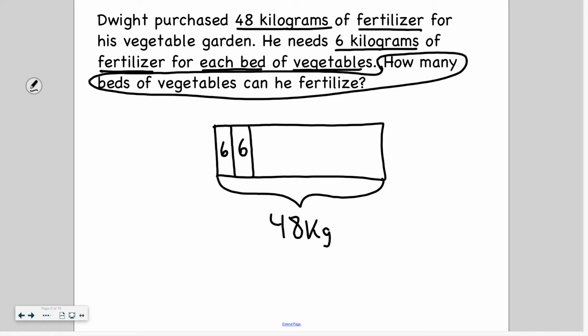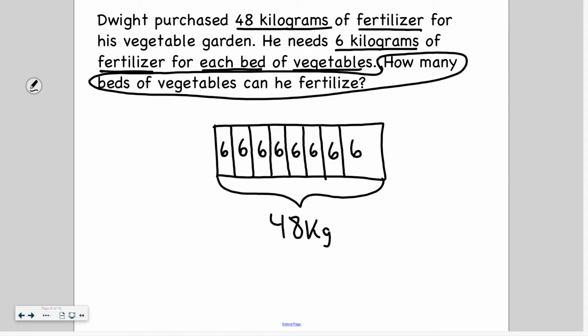So if I add another 6 kilograms for another bed, that would be 2 beds, and that's 12 kilograms used up so far. So let's keep going. 18 kilograms, 6 plus 6 plus 6 is 18. Keep going, another bed would be 24, 30, 36, 42, and if I add another bed, 42 plus 6 is 48, so I'm going to stop here.